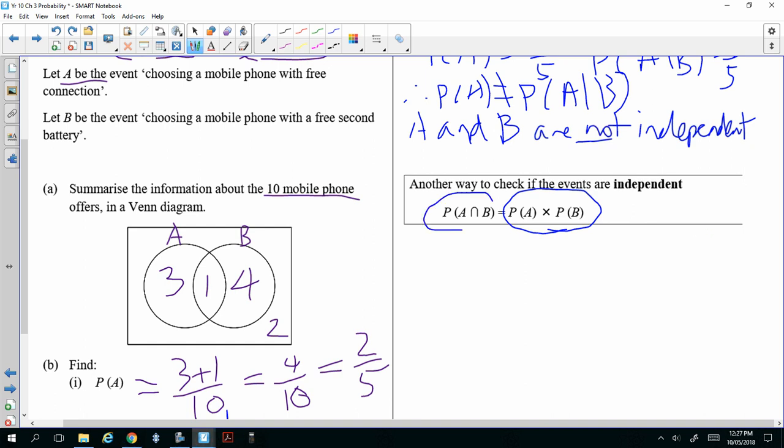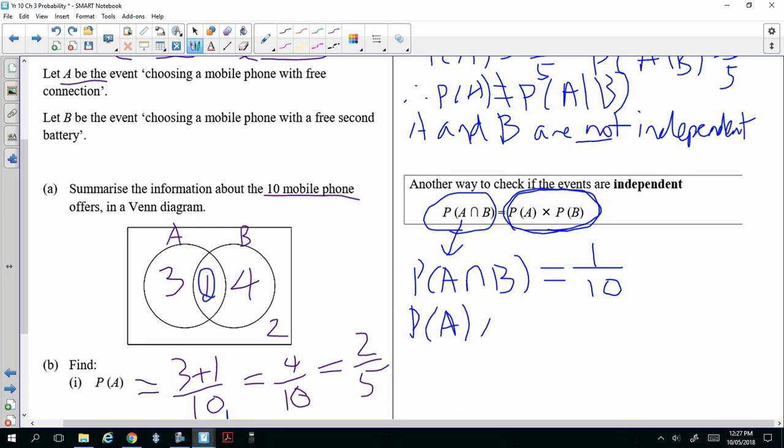So we calculate P(A and B), the probability both are given, which is just 1 out of 10. Then you find the probability of A times the probability of B. P(A) is 4 out of 10, P(B) is 5 out of 10. If we multiply them together, you get 20 out of 100, which is 1/5.